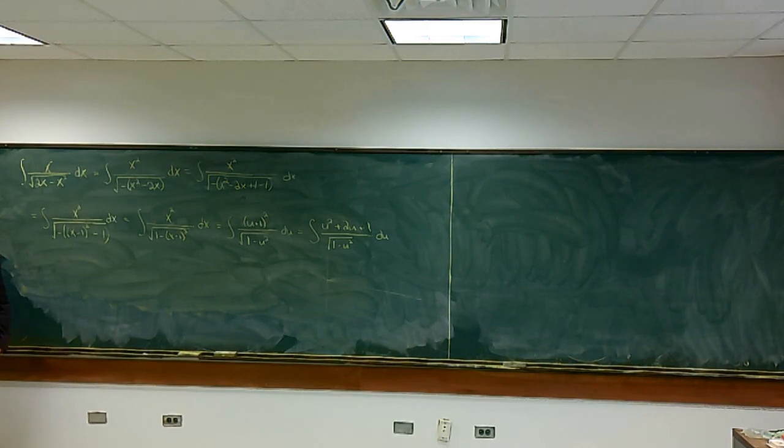What form is that? That looks like the first one. It is. So this is a sine substitution. That's how I usually refer to them: sine substitution, tangent substitution, or secant substitution. What is a?